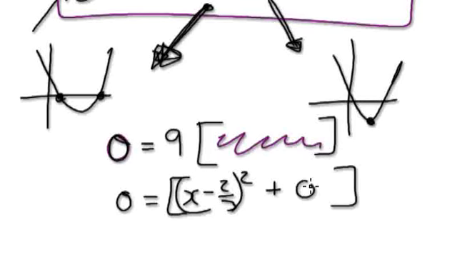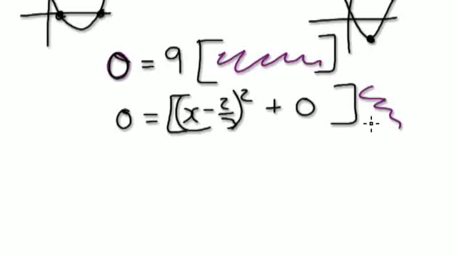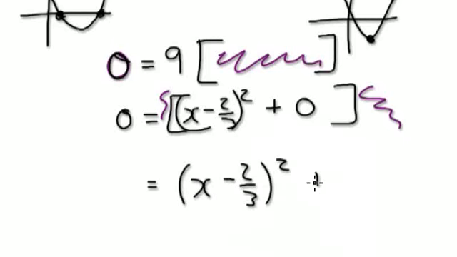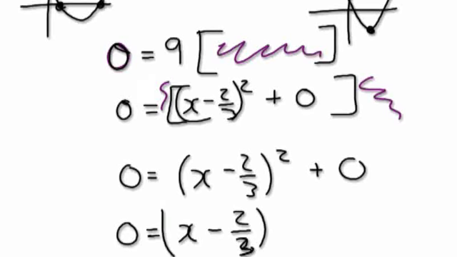You don't need the 0, but I just want to put it in there to illustrate this to you. Now there's nothing surrounding this, so we can actually remove the square brackets. So now you would take away 0 from both sides, which is just this: 3 here, and then squared here.